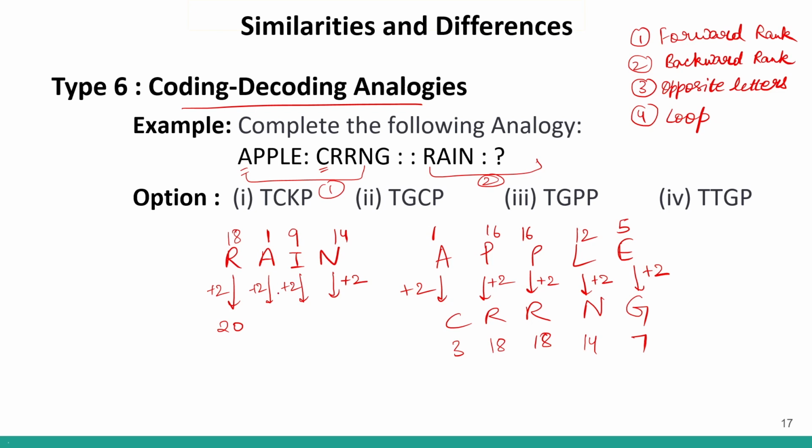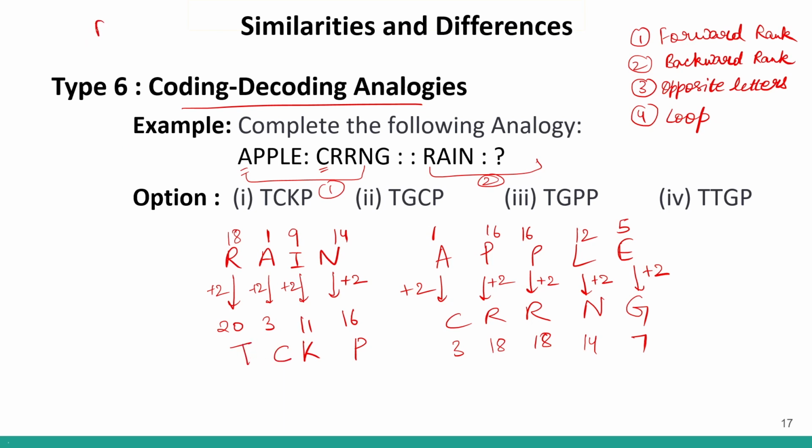Here, this was first rank, so I'll get third rank. Here I'll get 11th rank, and here I'll get 16th rank. At 16th rank, we have P. At 11th rank, we have K. At third rank, we have C. And at 20th rank, we have T.